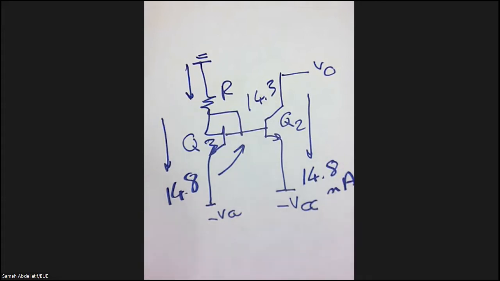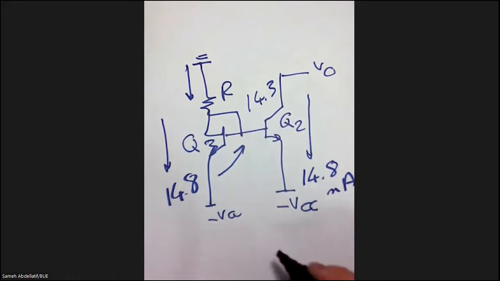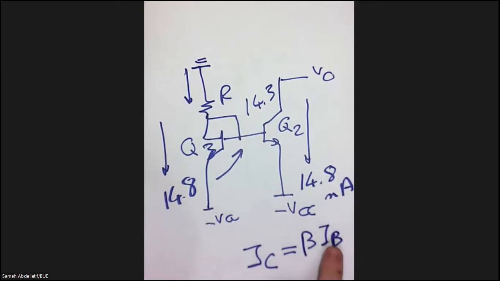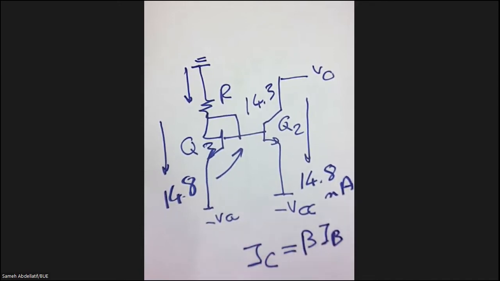However, returning back to the head of the question, there is a note considering that for the transistors used in this circuit, beta is very high. If you remember your electronic classes, IC equals beta times IB, or in other words, IB equals IC over beta.